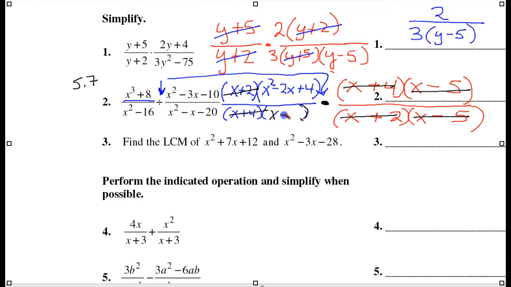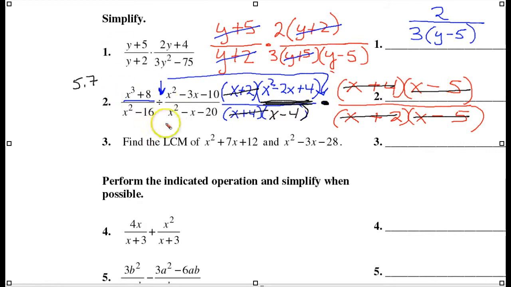This was x minus 4. Okay. So what are you left with then? Well, everything is canceled out, and these are all ones except this. So we have this over this, and that would go in your answer column here.